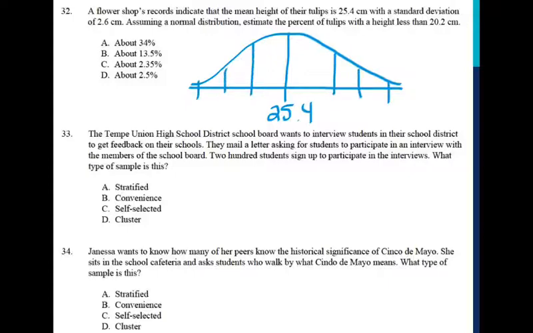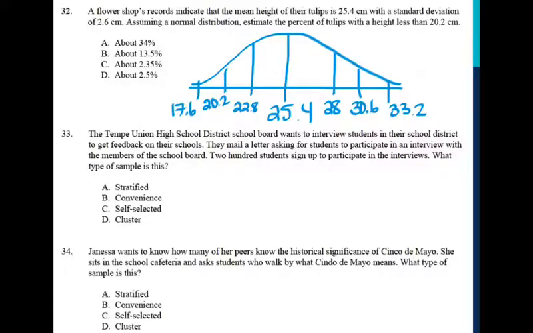I'm going to add my standard deviation, so 25.4 plus 2.6 is 28, plus 2.6 is 30.6, plus 2.6 is 33.2. And then I'm going to subtract, so 25.4 minus 2.6 is 22.8, minus 2.6 is 20.2, minus 2.6 is 17.6.